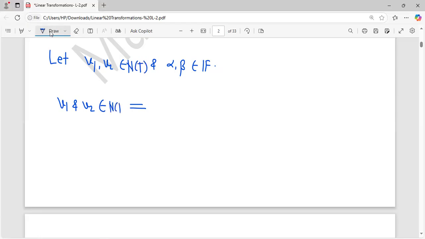Now v1, v2 belong to N(T) implies T(v1) is equal to 0 and T(v2) is equal to 0.